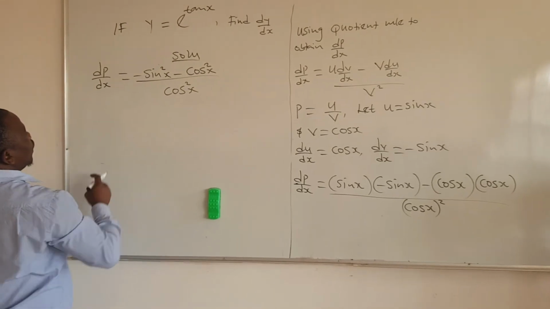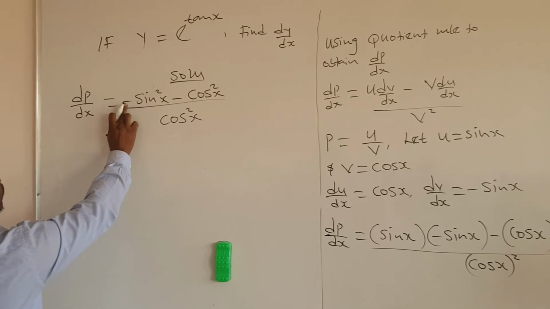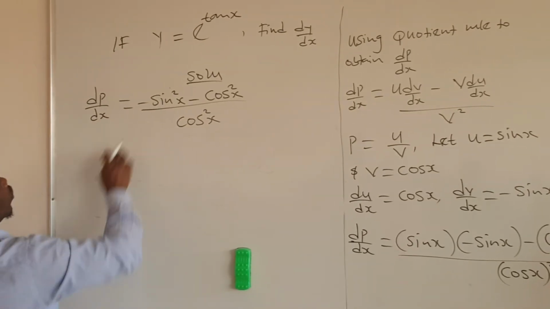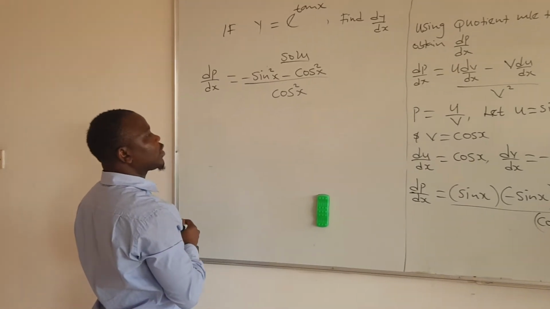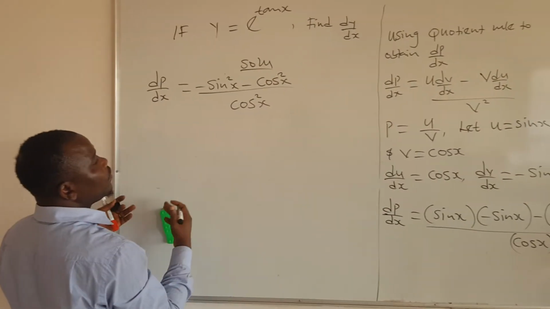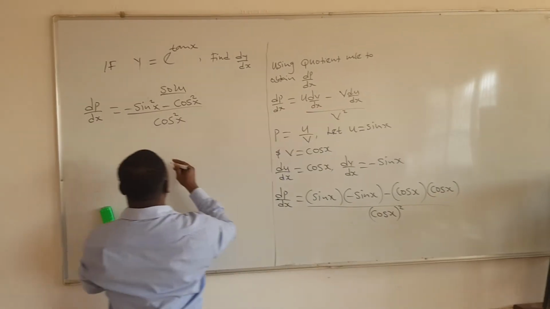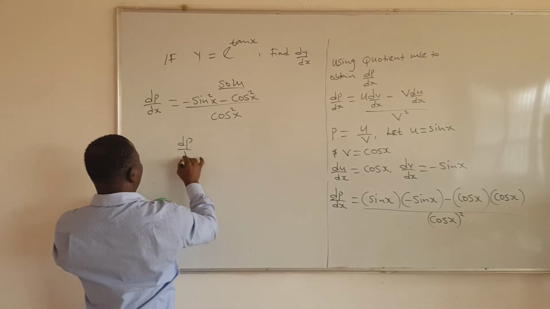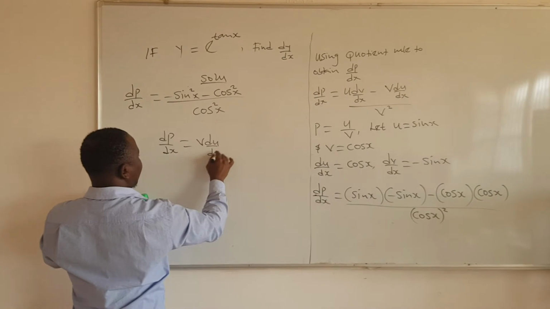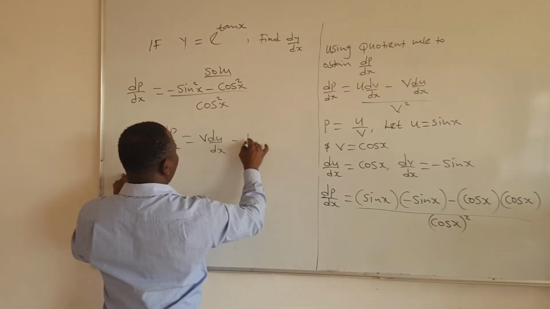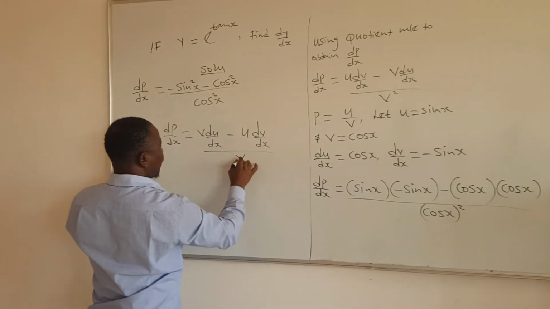Okay, if you can see what I am saying, it's not bad. We multiply through by the minus sign. But before we do that, sometimes one can even go for, instead of u dv all over dx, the formula v du all over dx minus u dv all over dx, all over v squared.